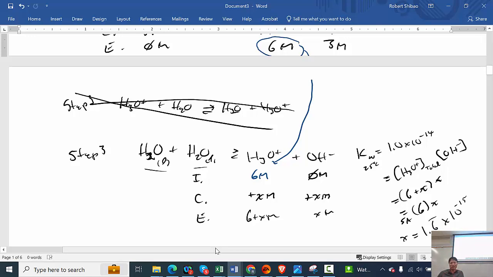I mean, 6 plus that is just going to be 6 molar here. It's such a small change. However, it is a significant change compared to 0, so I'll write that in here, 1.6 or 1.7. Yeah, I need to round that up. Actually, I need to round it up to 2, but it's all right. I'm going to carry one extra digit.